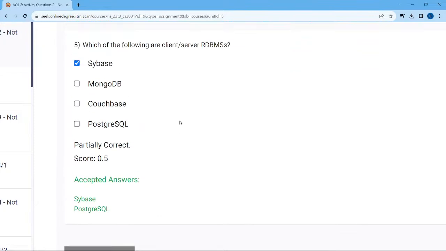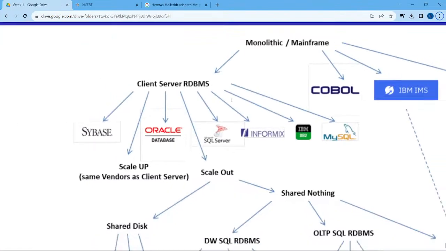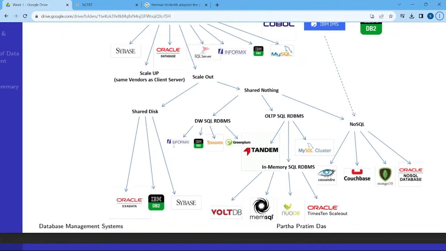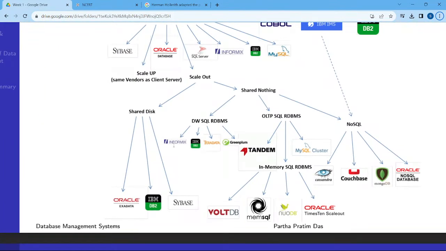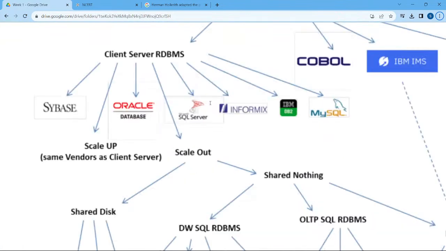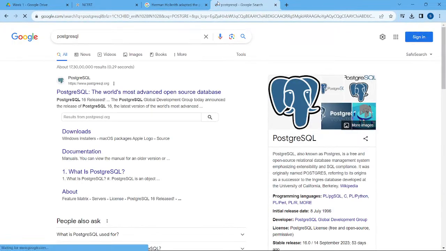Let's see where we lost 1.5 of our marks. Okay, so PostgreSQL is there, but where is it? I just want to know the logo.